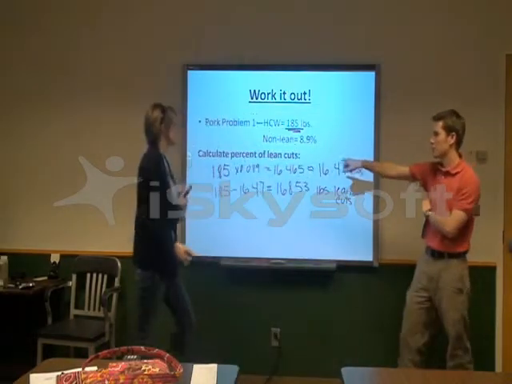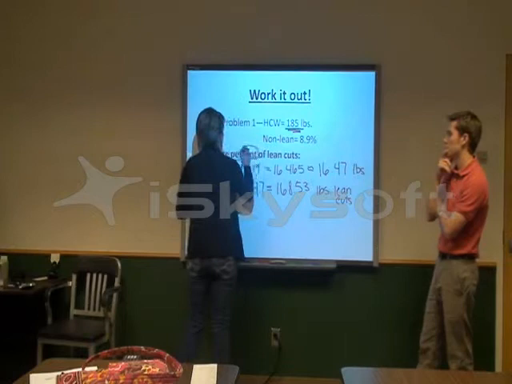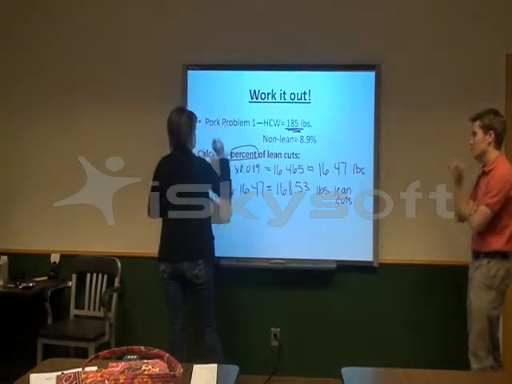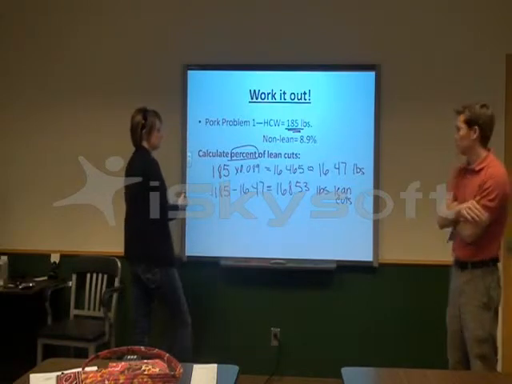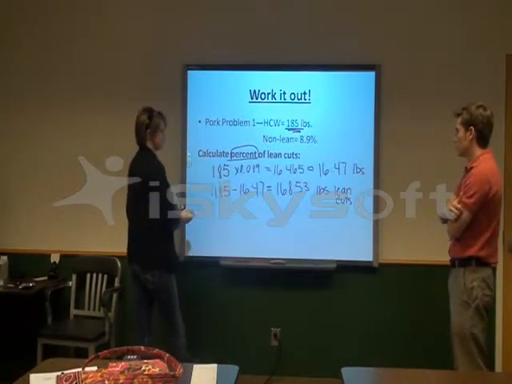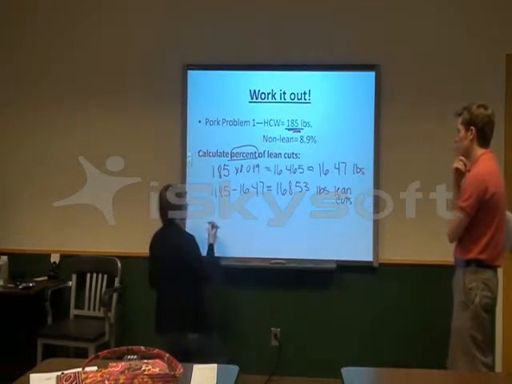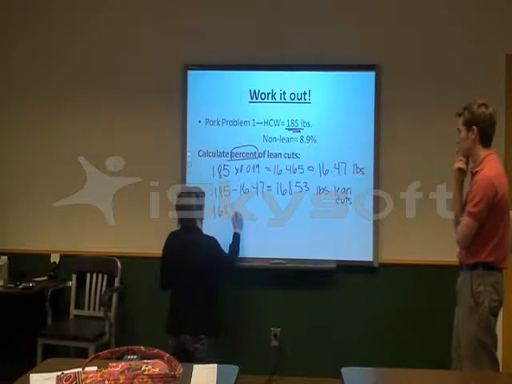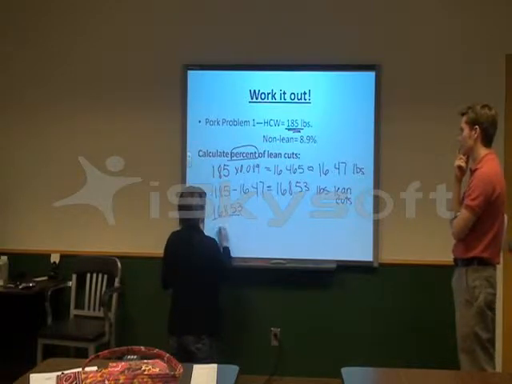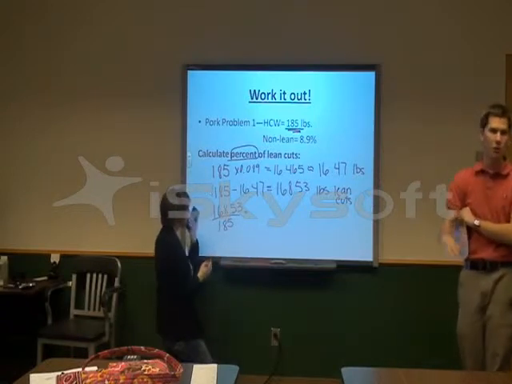Okay, and what is our problem asking us for? The percentage of lean cuts. So how do we get pounds to percentage? 168.53 divided by 185. Exactly. You see why that is, Mandy? So we take the pounds of lean cuts over the total pounds.